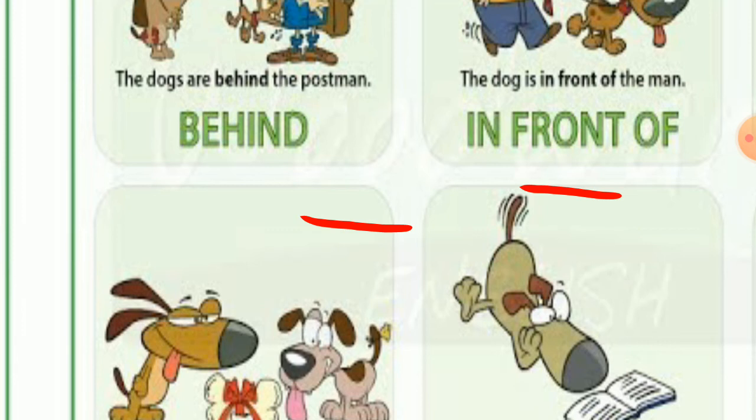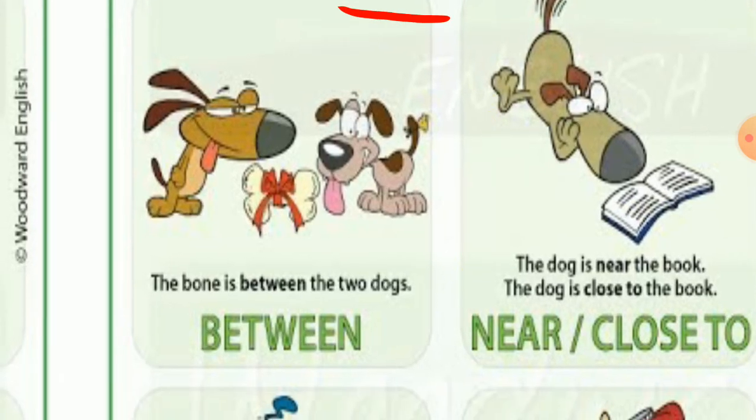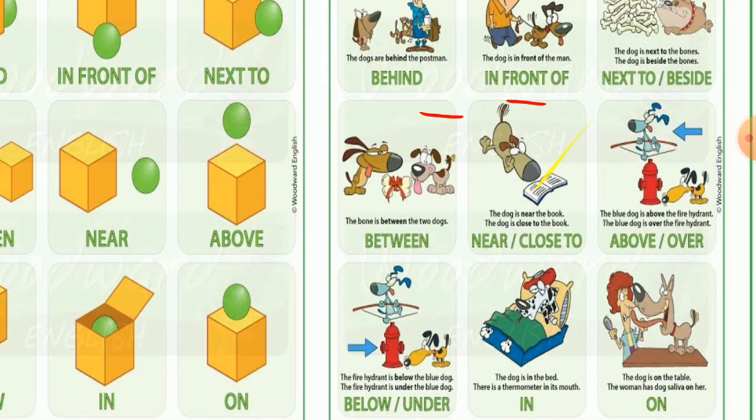Here the dog is in front of the man. Then the bone is between the two dogs. The dog is near the book. The dog is close to the book. So all these prepositions show the relation of the place or position.